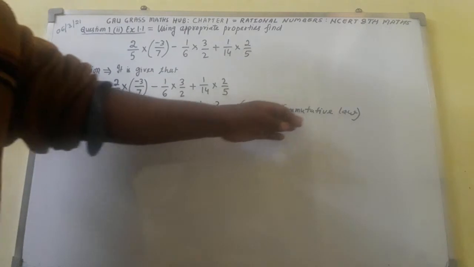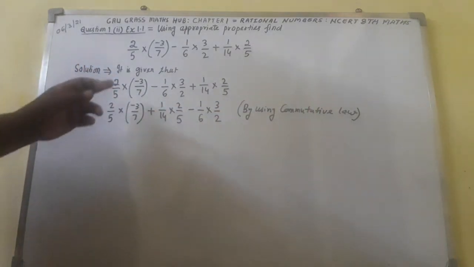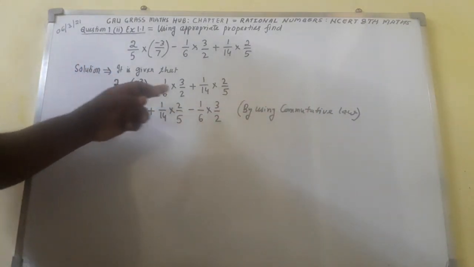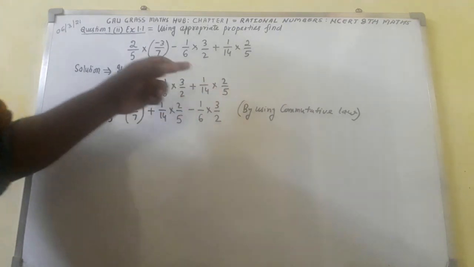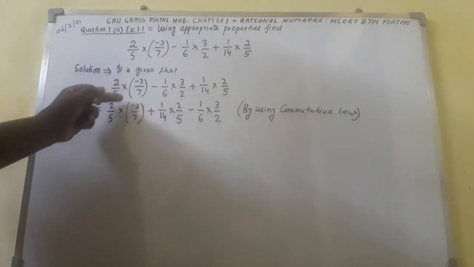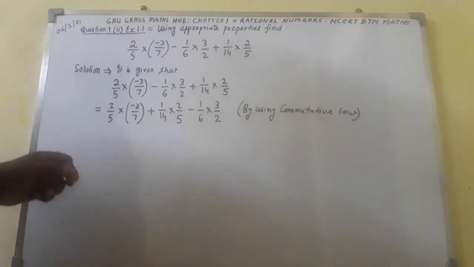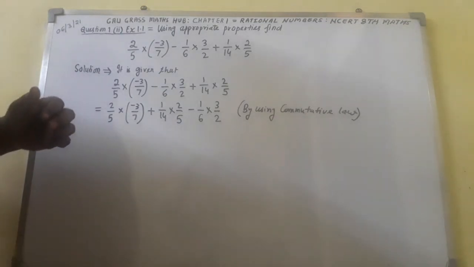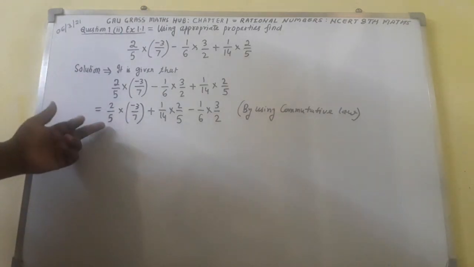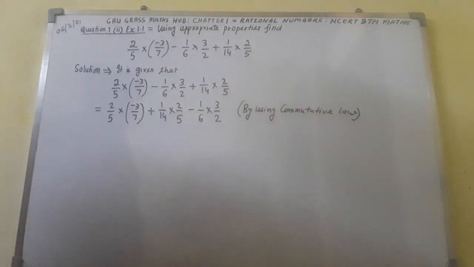By using the commutative law, the first term and third term will be brought together in order to pop out 2 over 5 as a common.